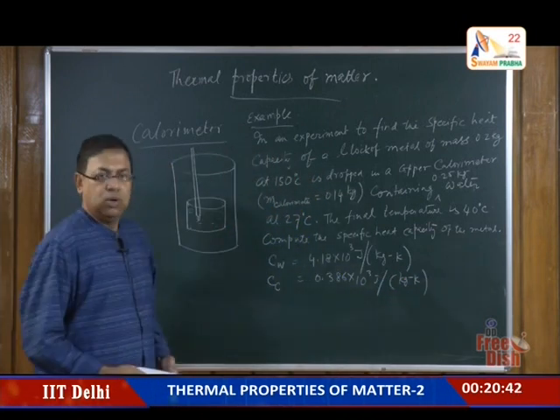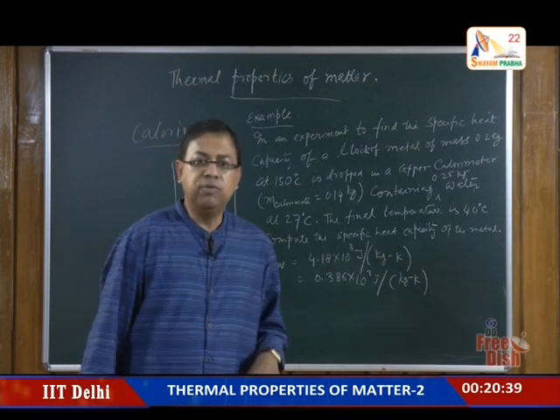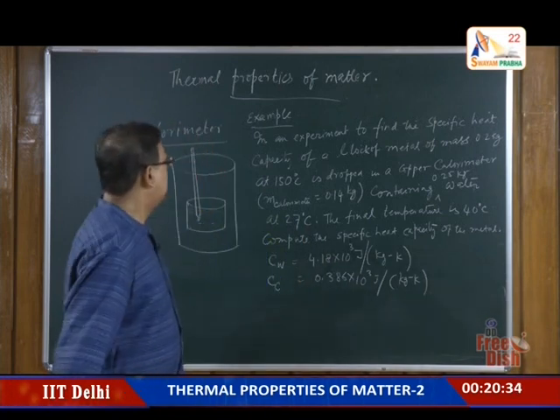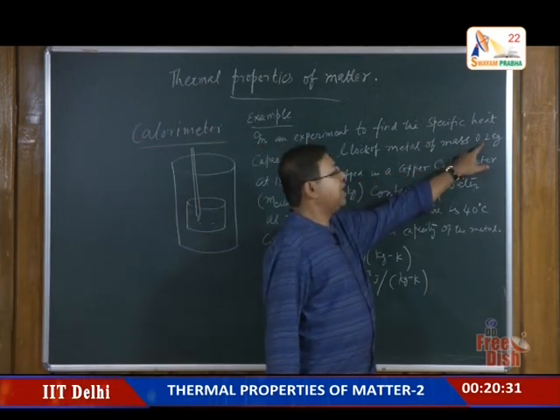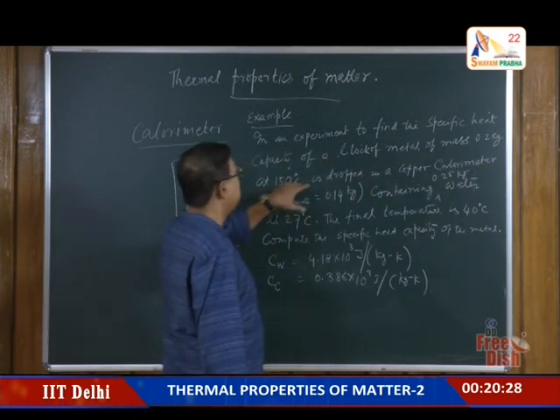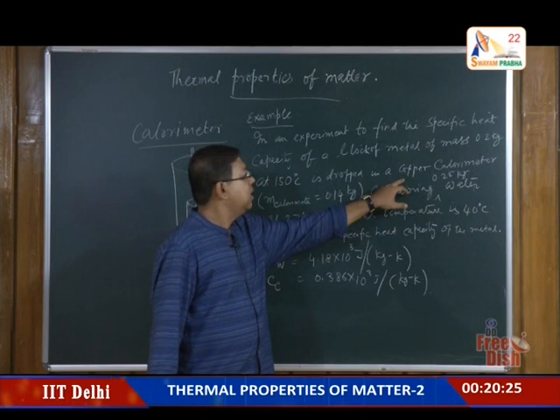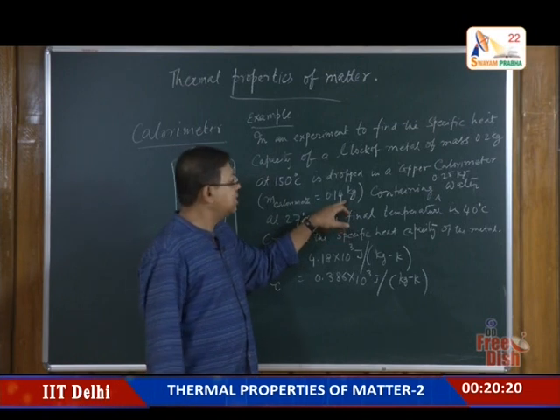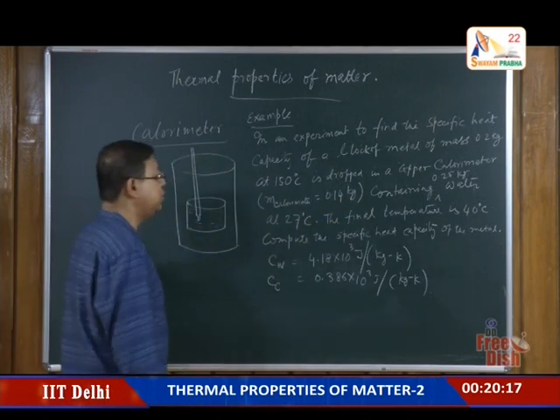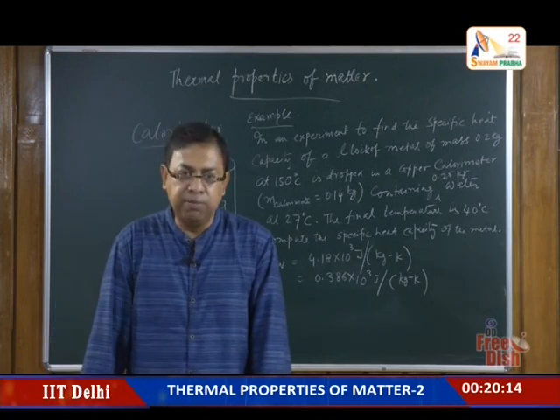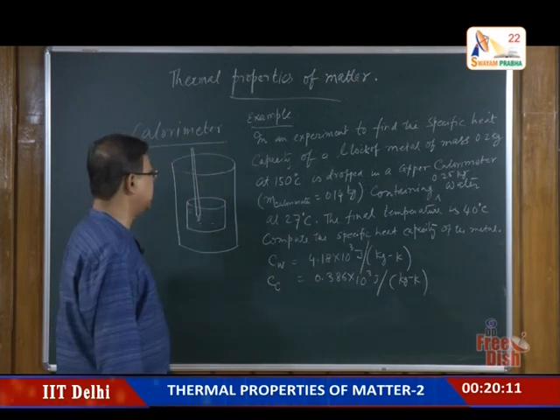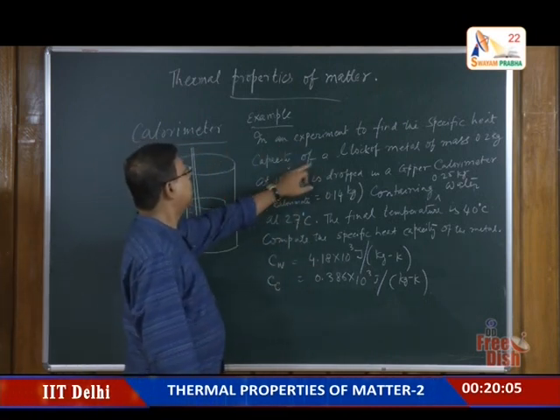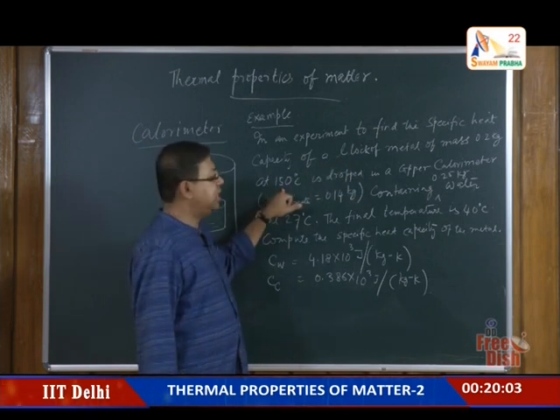Okay. So just to summarize the problem, we want to know the specific heat of a certain block of metal. A block of metal is dropped into a copper calorimeter which has mass 0.14 kg, and this calorimeter contains 0.25 kg of water at room temperature, usually taken as 27 degrees centigrade. The block of metal was initially at 150 degrees centigrade.